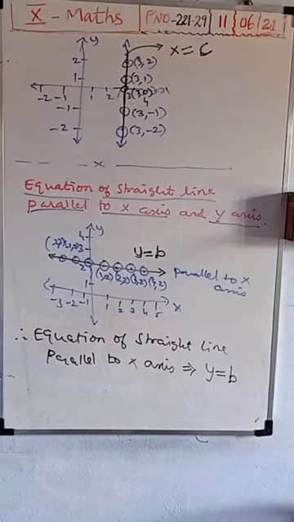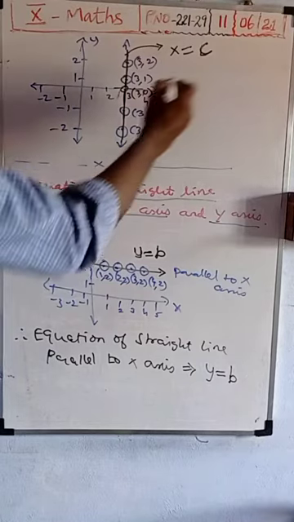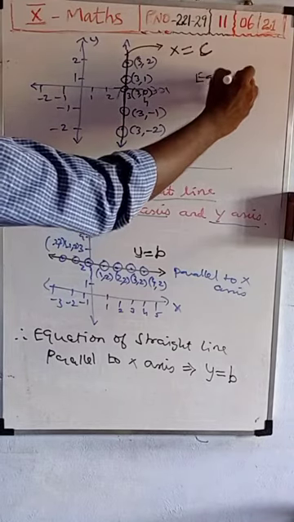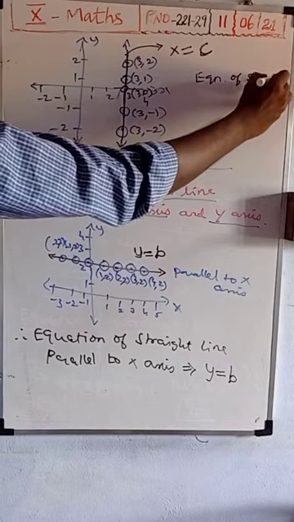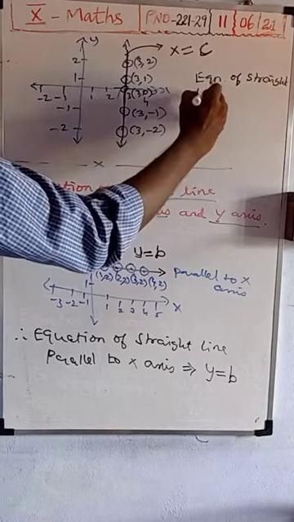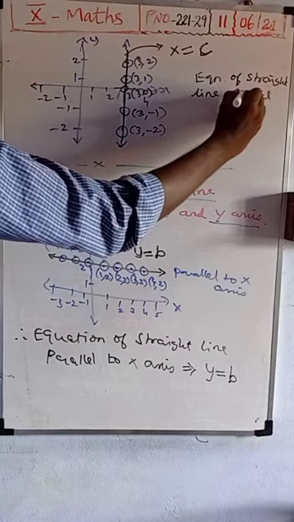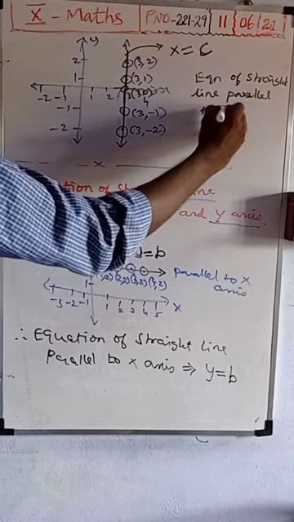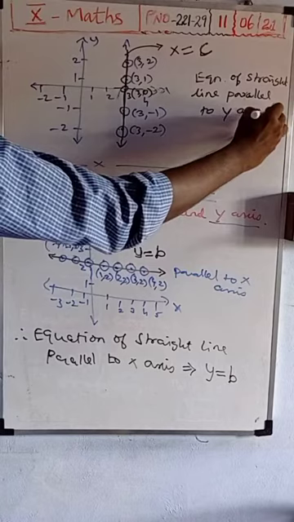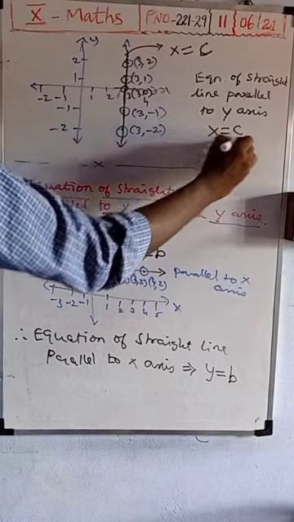Any variable we can choose. Therefore, the equation of a straight line parallel to the y axis is x equals c.